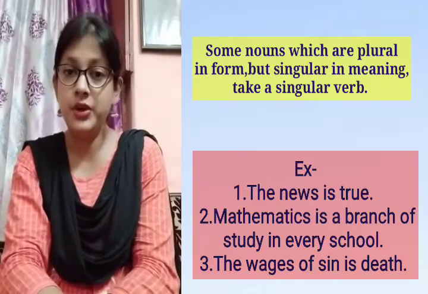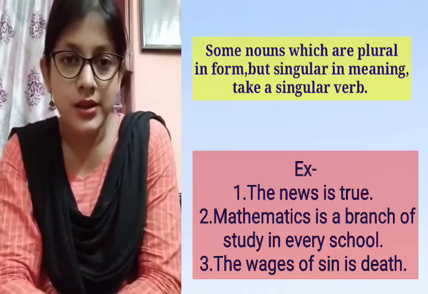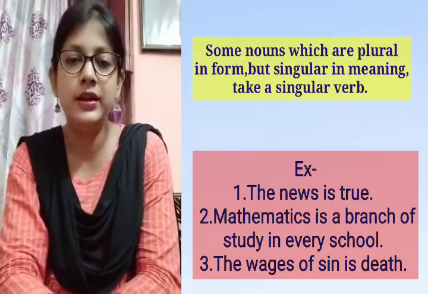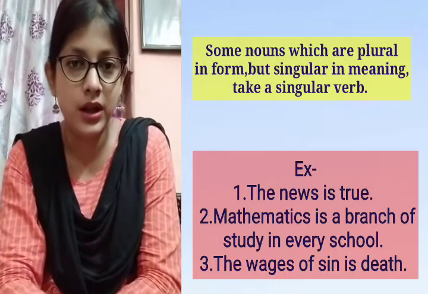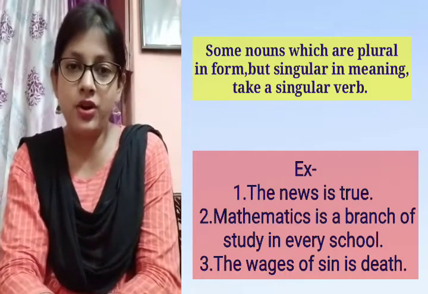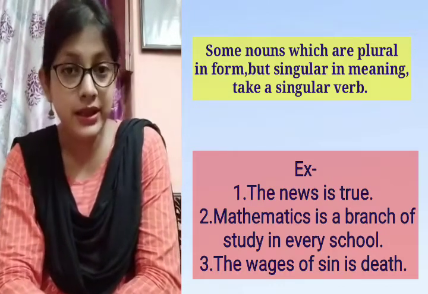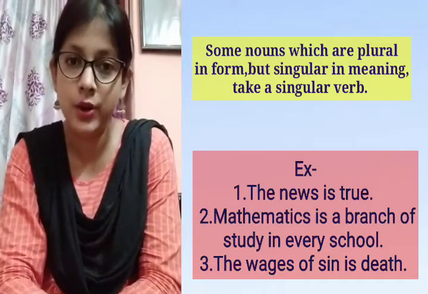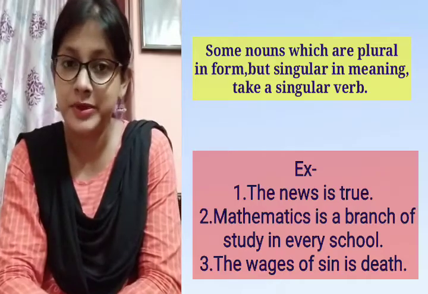Mathematics is a branch of study in every school. So mathematics has an S after the word, that's why we may call it a plural subject, but it's not actually, because mathematics is plural in form but singular in meaning, that's why a singular verb is placed after mathematics.